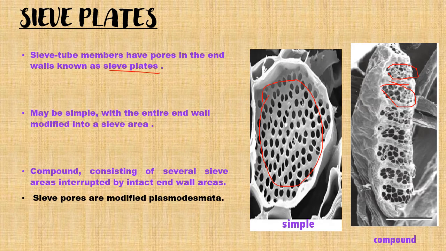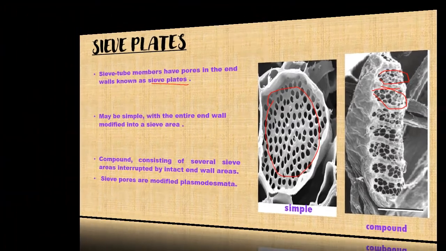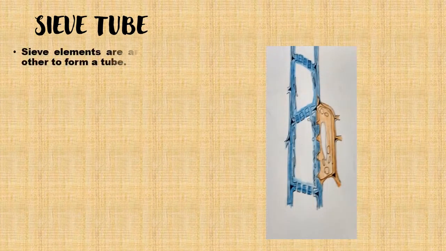And these sieve pores are modified plasmodesmata. Plasmodesmata are those which connect one cell to another cell. Sieve tube elements are arranged one above the other to form a tube which is called a sieve tube. We can see here this is one sieve tube element.